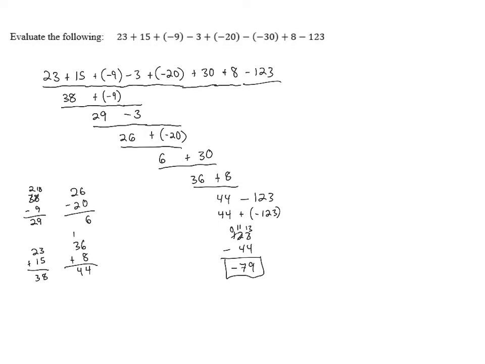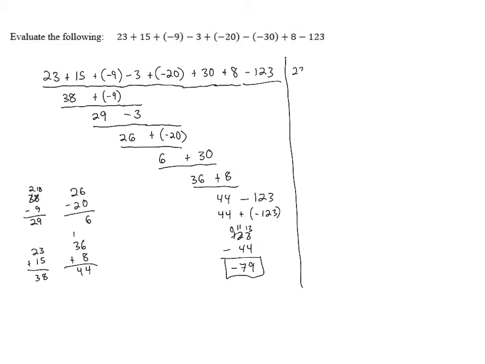There is a second way that we can solve this problem. All right, I'm going to rewrite this problem. But what I'm going to do is anytime there's a subtraction, I'm going to rewrite it as an addition. So this minus 3 is going to become plus negative 3. And this will become helpful in just a moment.